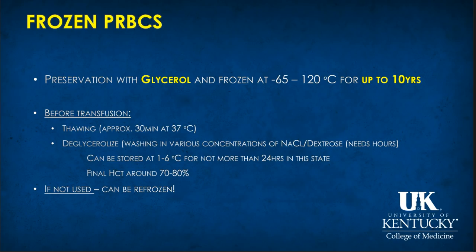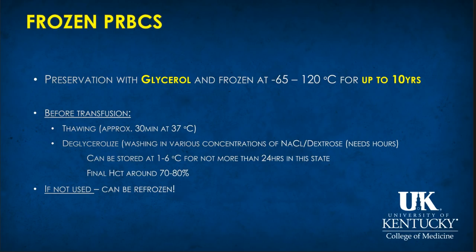So for rare blood types or crisis, catastrophe storage, that's how you preserve red blood cells and ensure you have enough. But before you can use them, there are several steps you have to go through to get rid of that antifreeze. Okay, first, the units have to be thawed. That lasts about 30 minutes at shortest, depending on what temperature environment you use.